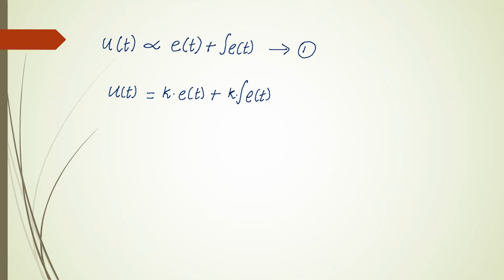In order to represent the error signal and the integration of the error signal, we write the same equation as Kp times e of t plus Ki times integral of e of t. Kp is the proportionality constant, and Ki, what is it? It is the constant for the integral of the error signal, that is the integral constant.